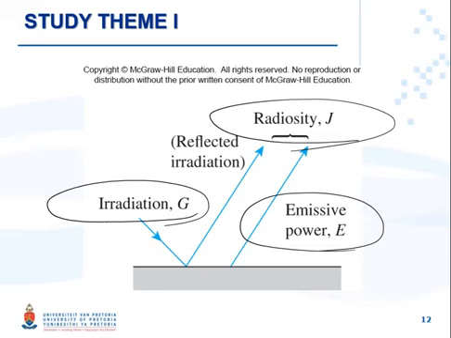What are they? We are going to speak about it, but we want to calculate everything based on these three fluxes. We don't want to deal with lots of fluxes. We just want to know what the emissive power is, the irradiation, and the radiosity, and be able to calculate them.